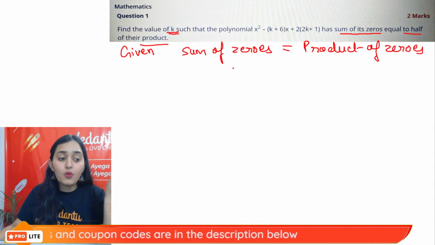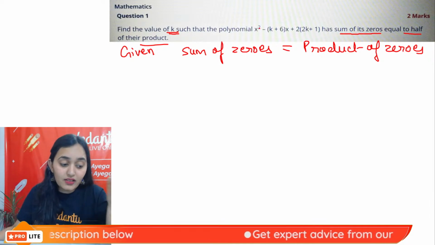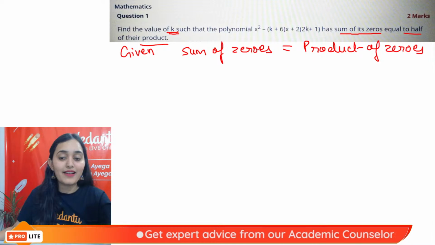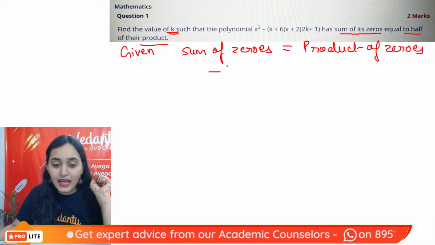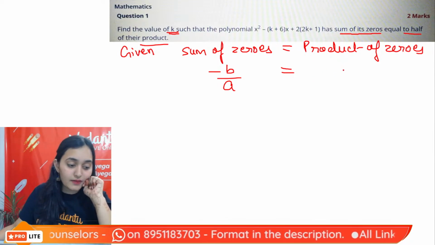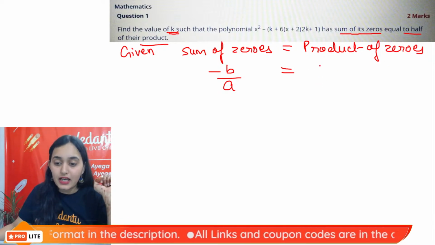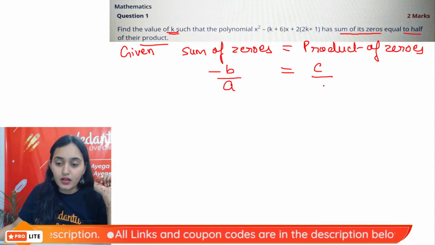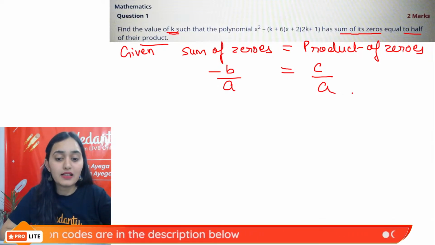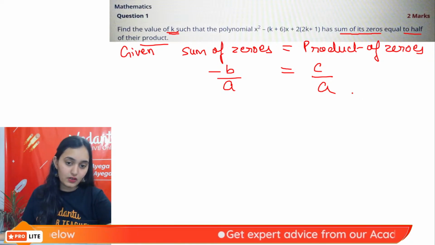Now, do you know what is the sum of zeros for a quadratic equation? Minus b upon a. What is the product of zeros for a quadratic equation? The product of zeros for a quadratic equation is c upon a. ठीक है? Minus b upon a is the sum of zeros. C upon a is the product of zeros, right?